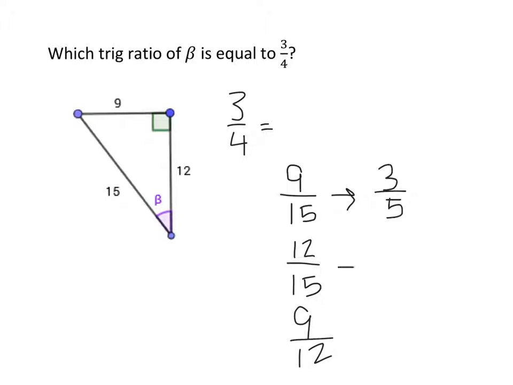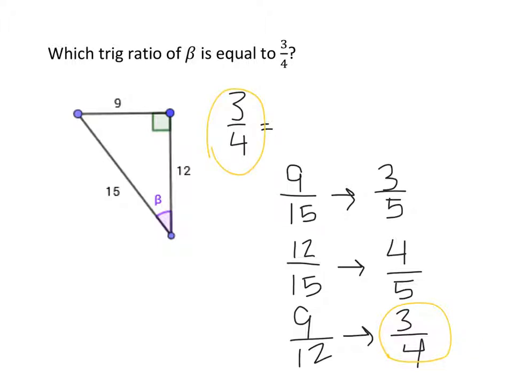If we reduce 12 over 15, we will get 4 over 5. And if we were to reduce 9 over 12, we would get 3 over 4. And that's exactly what we want to see over here. So that means 3 over 4 is the same as 9 over 12, which we can see in our triangle.